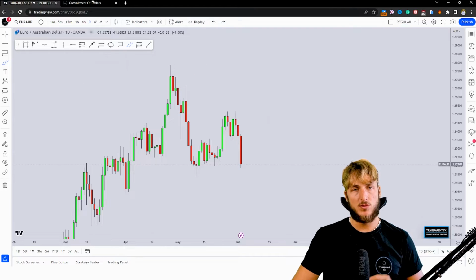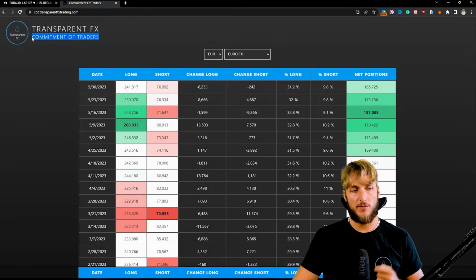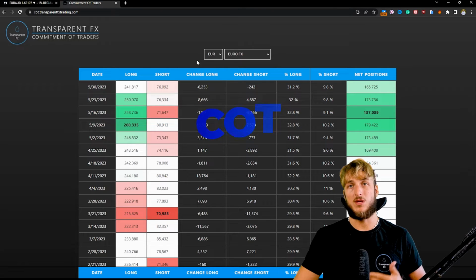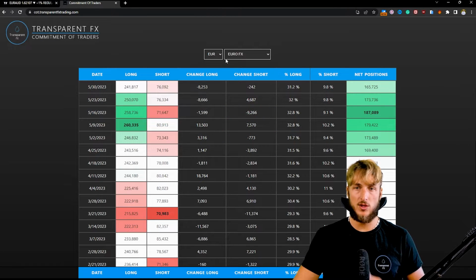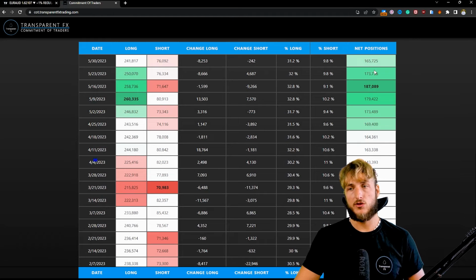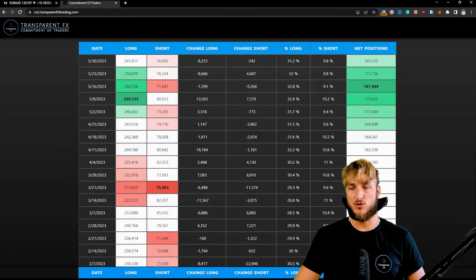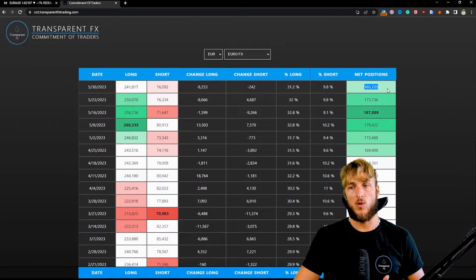Now, if we go and see what we have when it comes to the commitment of traders, so the COT data, which is what the non-commercials, so the biggest speculators in the market are doing, and we check the data precisely for the euro, we can see how in the long term net positions have been increased. We went from having the low here at 139k net positions all the way up to now having 165k net positions.